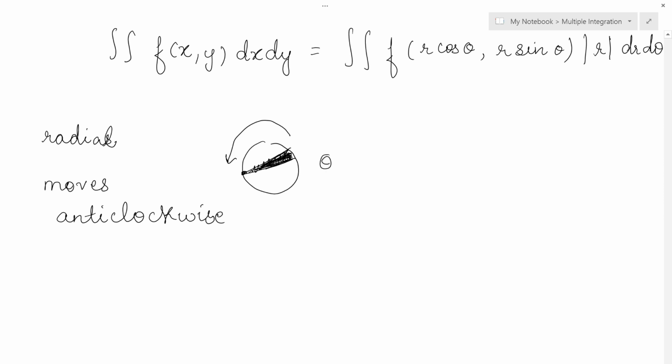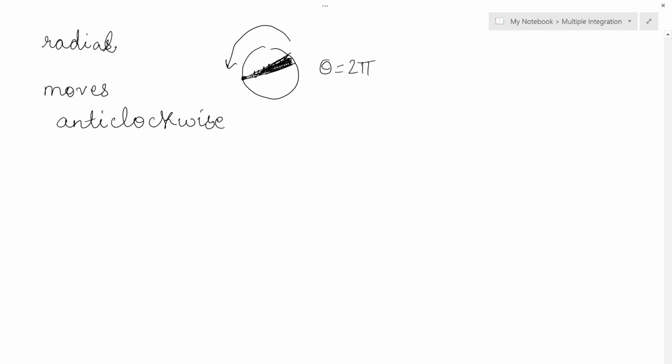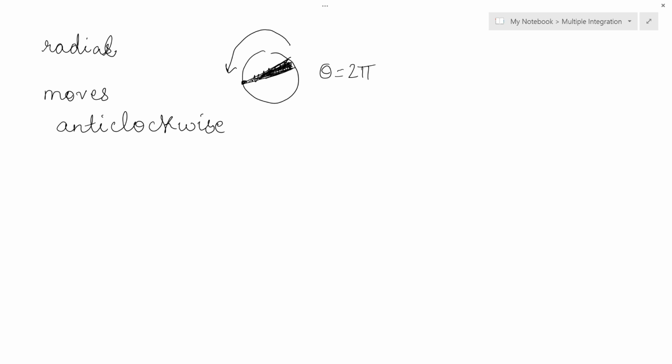So your theta, that is the angle it will cover, will be 360 degrees, that is 2 pi. For a complete circle, it will be 2 pi. So the limits of integration: f of (r, theta) r dr d theta.